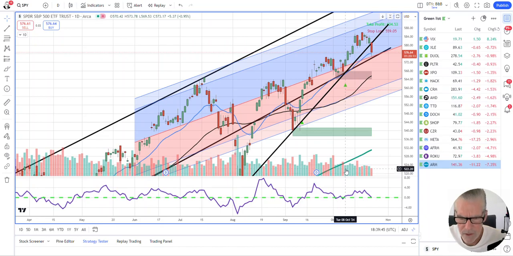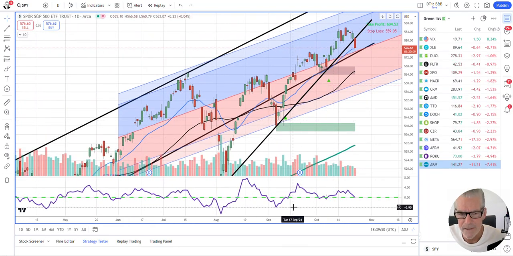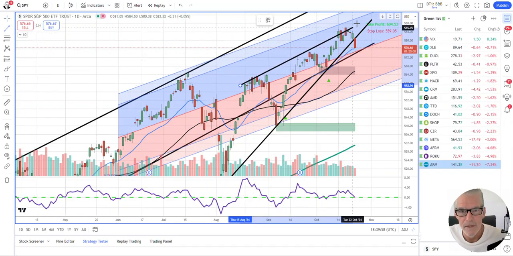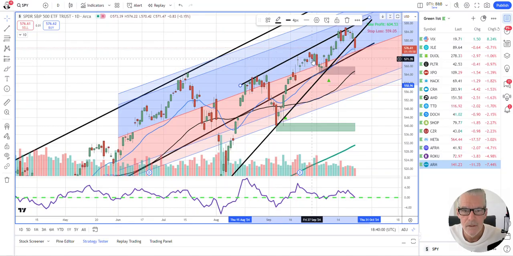That's one way you can use it, but the way I prefer to use it is to look for divergence. Here you can see very clearly we have two higher pivot highs relative to this one.